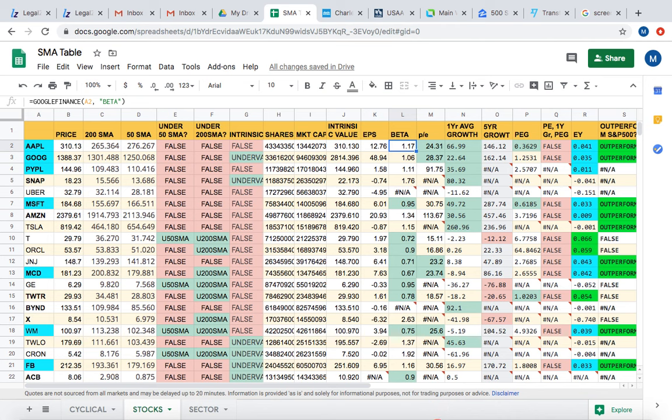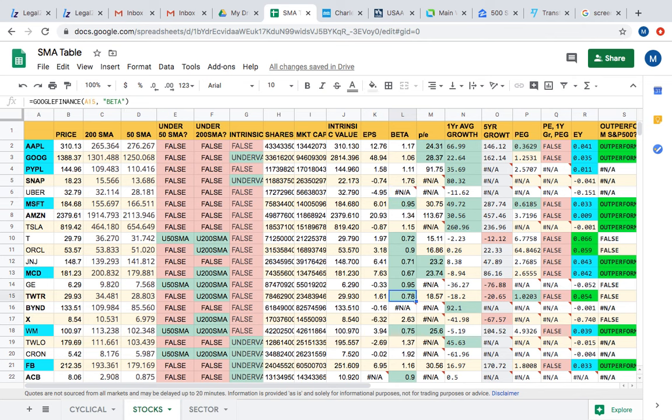And then your beta score is a measure of volatility. So if it's above 1, the stock is calculated to be more volatile than the market. And if it is under 1, then it is calculated to be less volatile than the market. And that's just another metric. Some of these are green.